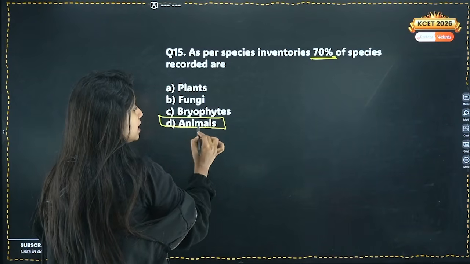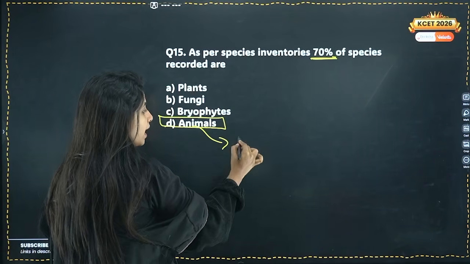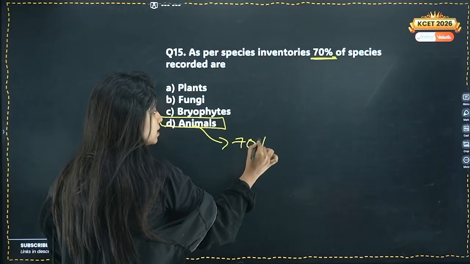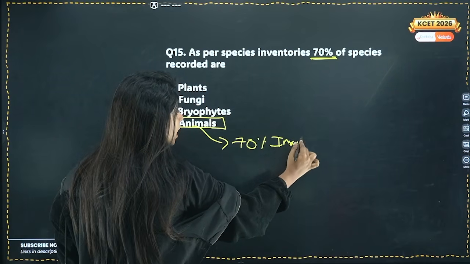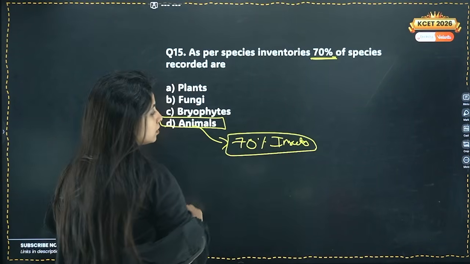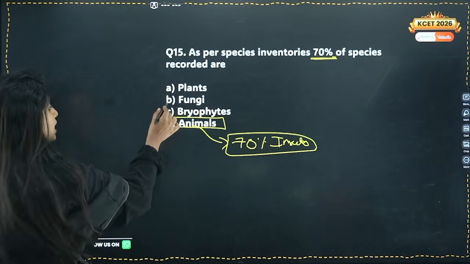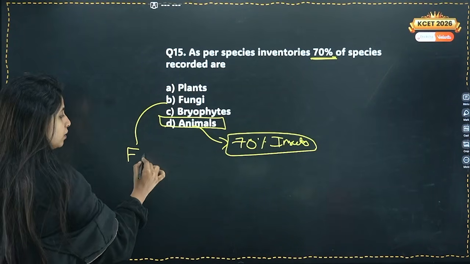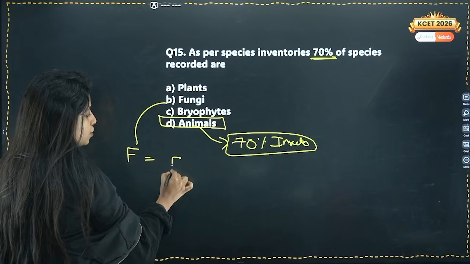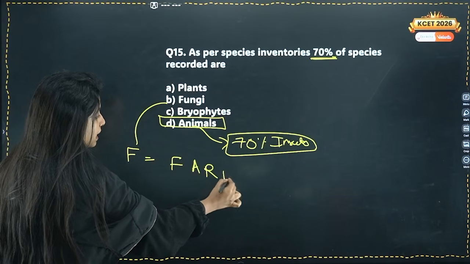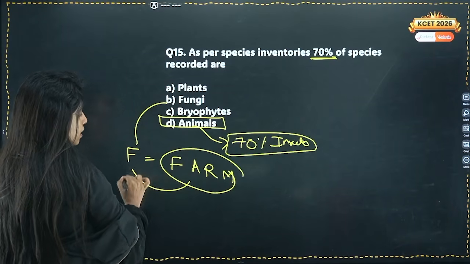Under animals, 70% of the animals are insects. Insects, my dear children. Always remember that. Fungus is not. Fungi are actually too many. Okay, fungus is basically a combination of fishes, amphibians, reptiles and mammals put together. That is the amount of fungus.